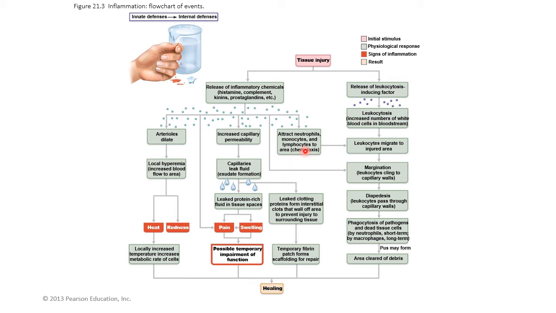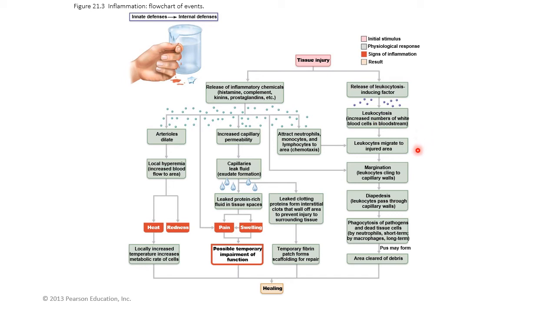Now, attracting the neutrophils and the other immune cells. When you have a tissue injury, one of the chemicals that's released are called leukocytosis-inducing factors. These factors cause leukocytosis. Remember, leukocytosis means increased numbers of white blood cells in the bloodstream.